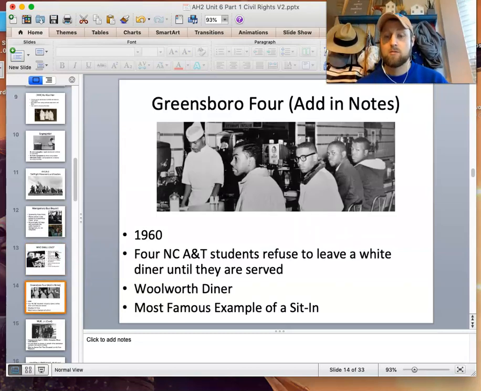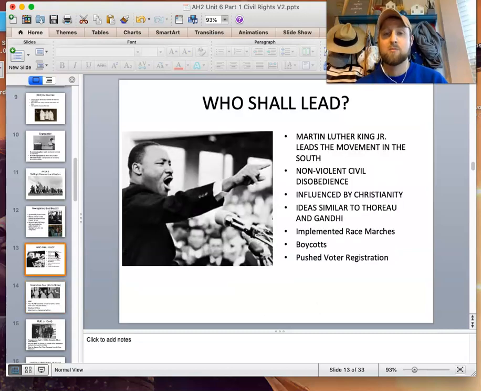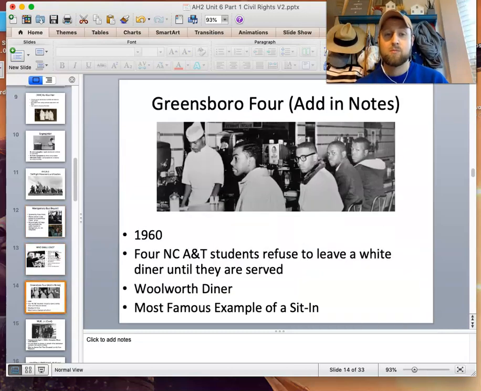Another group of people who are very influential in launching the civil rights movement, I would say, besides Rosa Parks, probably nobody else is more important and influential, is the Greensboro Four. They decided that they would not leave the front of the counter at Woolworth Diner in Greensboro, outside of North Carolina A&T, a historically black university.